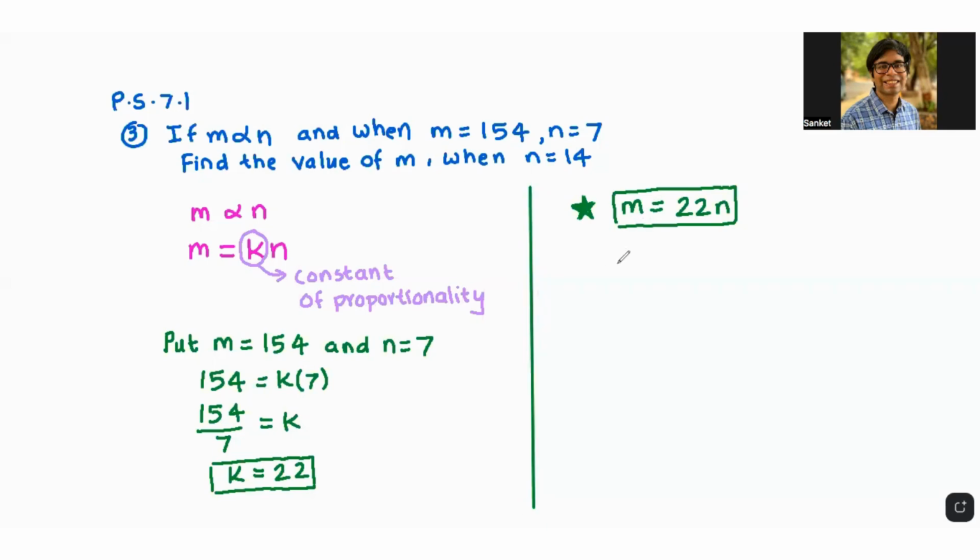I need to find the value of M. So put N is equal to 14 in this equation. I get M is equal to 22 times 14, which is 308. So they had asked us to find the value of M when N is equal to 14. So I've found the value of M as 308.